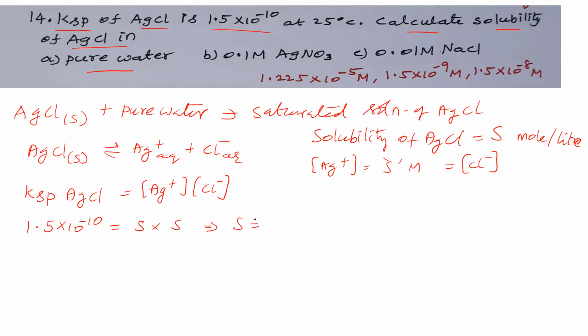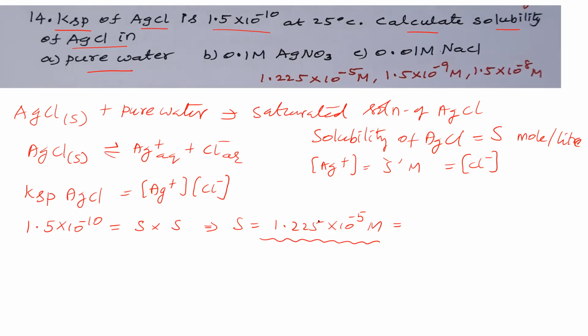By simplifying, we get S as 1.225 into 10 to the power of minus 5 molar. This S is the solubility of AgCl in pure water, which we have calculated.